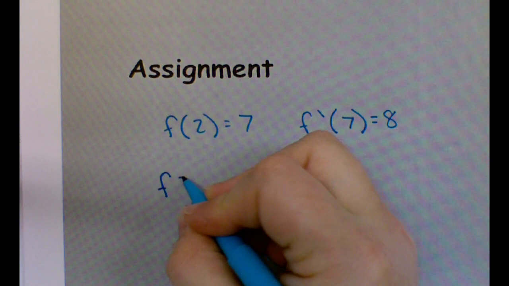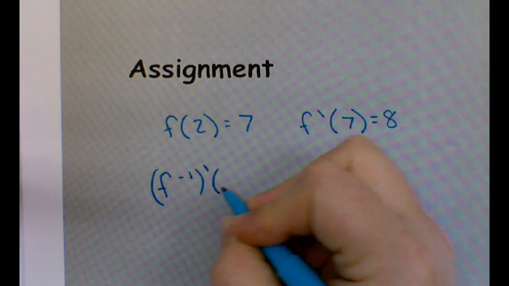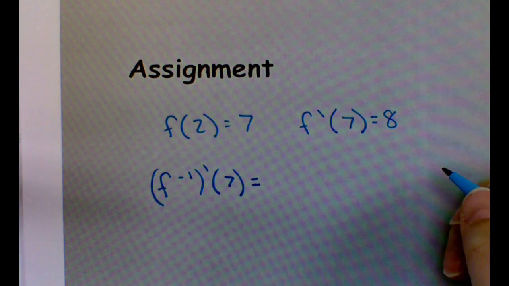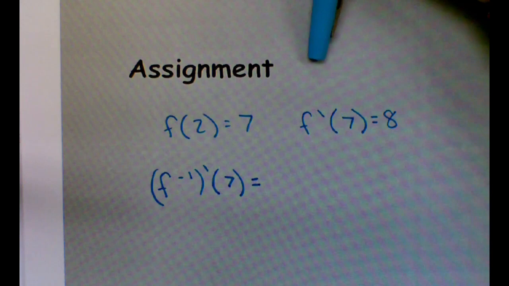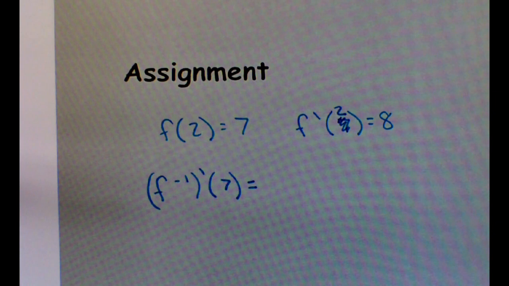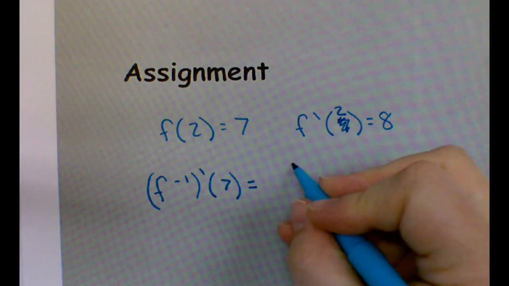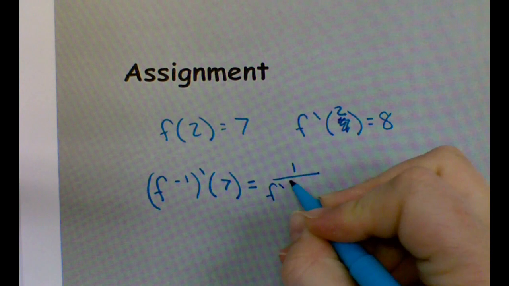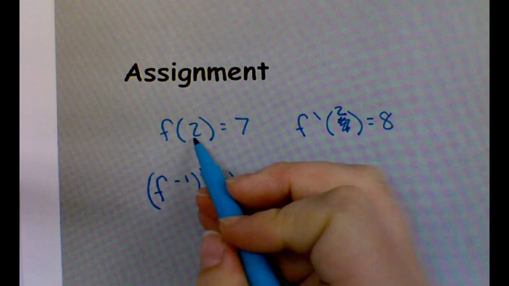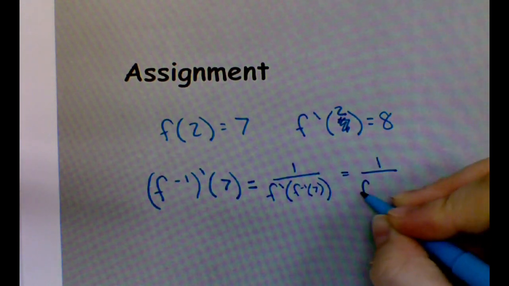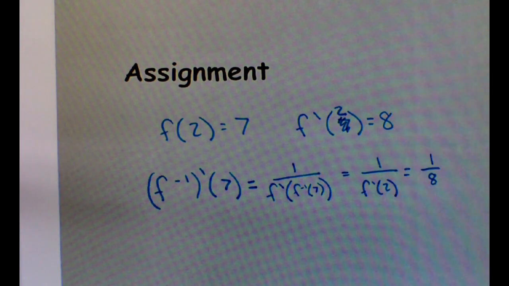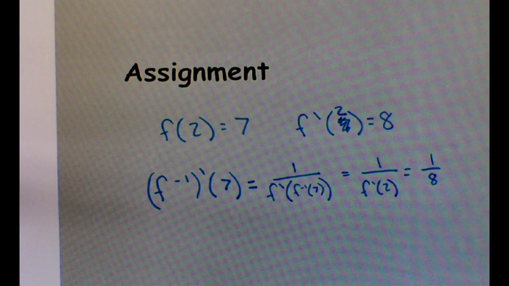So if I want the inverse derivative at 7, the derivative of the inverse at 7 is 1 over f prime of the inverse at 7. Well, the inverse at 7 would be 2. So it's 1 over f prime of 2, which, hey, look, we know what f prime of 2 is. It's 1 over 8. So it's going to line up like that if it gives you those numbers.